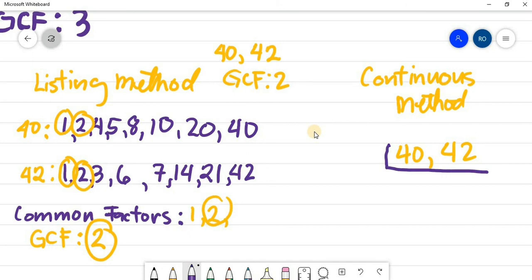There's only 2. So 40 divided by 2 is 20. 42 divided by 2 is 21. For 20 and 21, there is no number that we can use to divide both. Okay, so our GCF is 2.